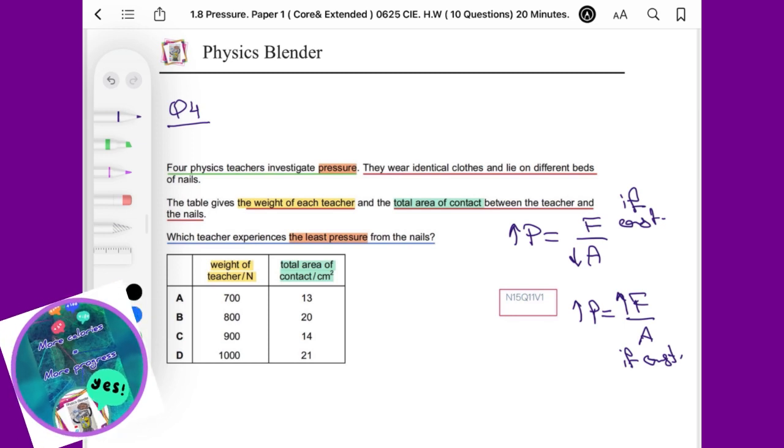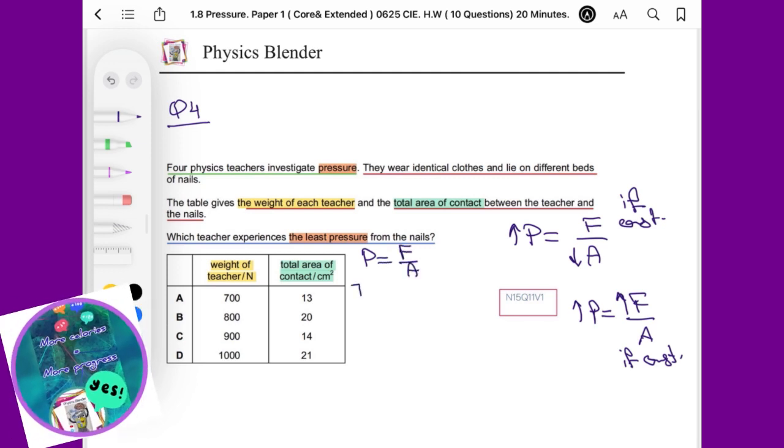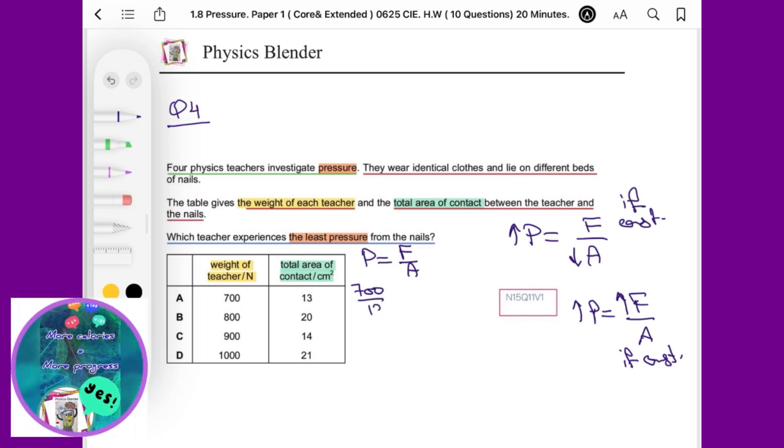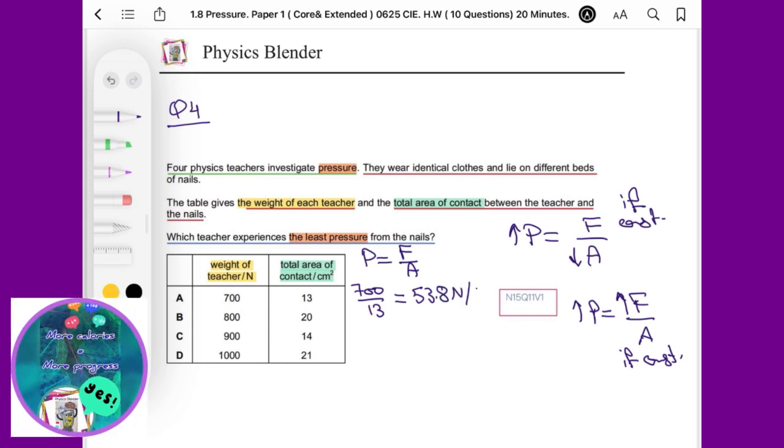Back to calculations, so pressure is equal to force divided by area. The first one, 700 divided by 13, the answer is 53.8 Newton per square centimeter. The second one, you have 800 divided by 20. The answer is 40 Newton per square centimeter.